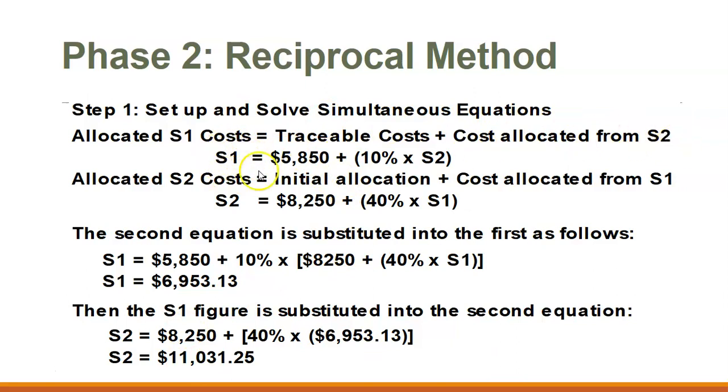So service department one gets their own cost plus 10% of service department two. And service two is their own cost plus 40% of service department one. The reciprocal method is the most difficult method to calculate. Therefore, it is also considered the most accurate for true cost reflection.